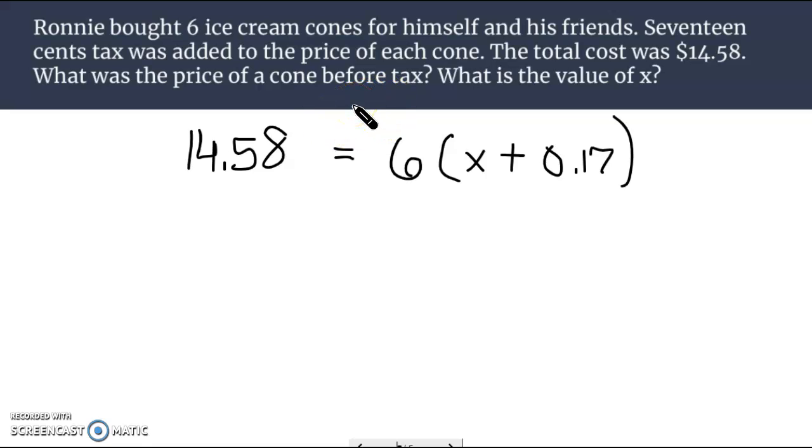A couple ways to solve this. We could do the traditional method and distribute the 6 to both the x and the 0.17, but I'm going to take a shortcut here. Instead of distributing, I'm going to divide by 6. You can do this with most distributive properties when you're solving equations. Instead of distributing, you can divide that number away. Makes it a little bit easier.